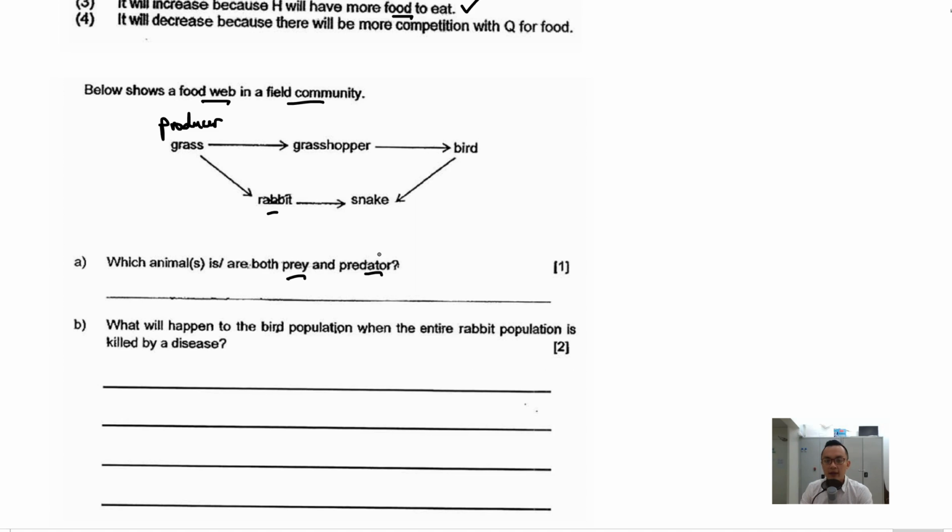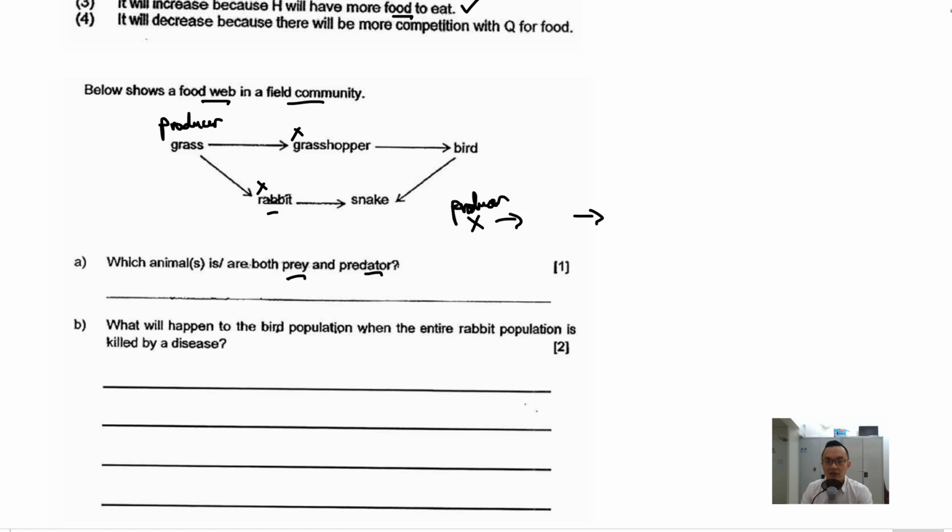So you need to find the organisms that have an arrow pointing in and an arrow pointing out, but the first arrow is not a food producer. Okay, so therefore this is not and this is not, because they are eating food producers. That means they are plant eaters and they are not predators, I mean.